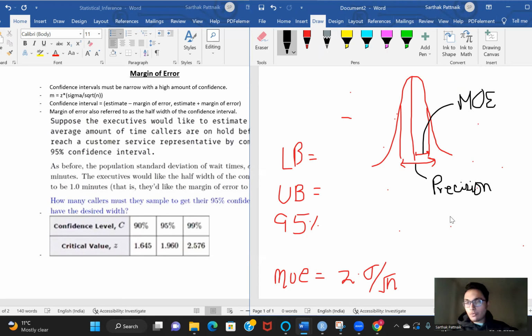Ideally, we want a small width with high confidence. Let me repeat. Ideally, we want a small width of the interval with high confidence. So the less the precision or the less the width of the interval with higher confidence, the better the model or the better the results.